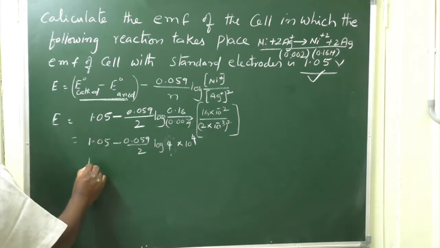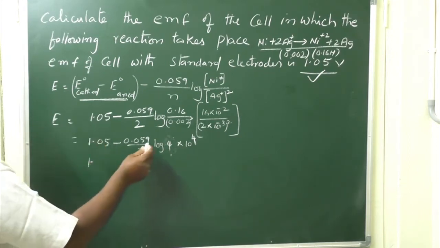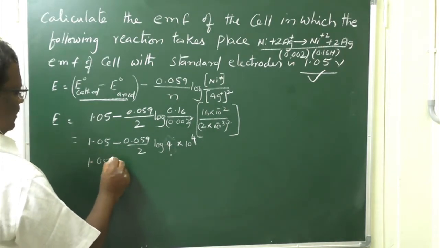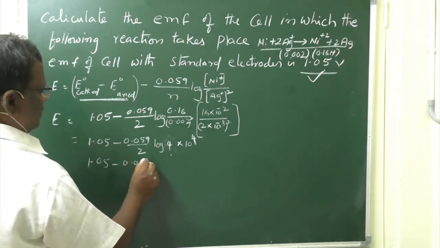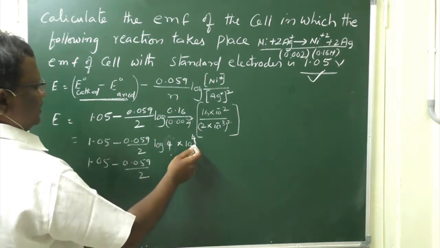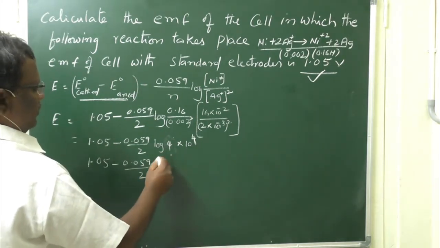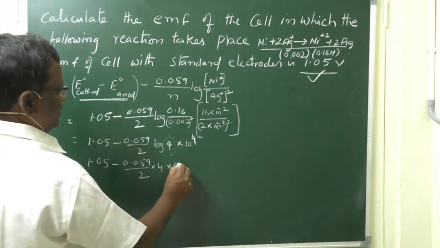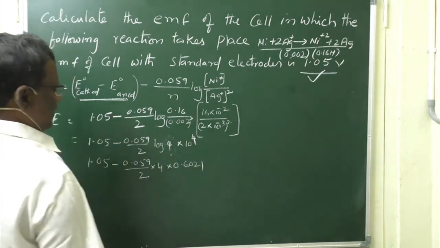So, this can be written like this: 1.05 minus 0.059 by 2, this is 4 log 4 into 4, and log 4 is equal to 0.6021.